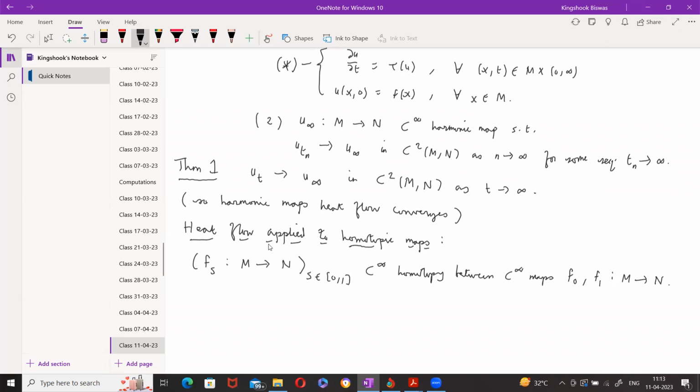And then what we do is for each s, we look at the map F sub s.